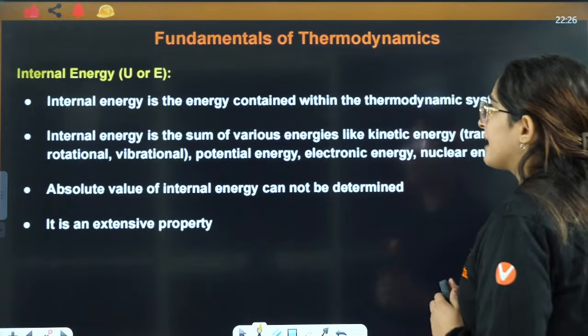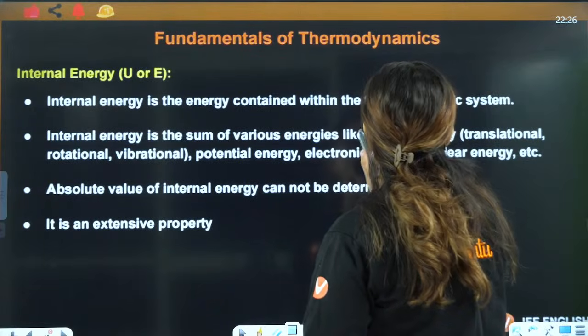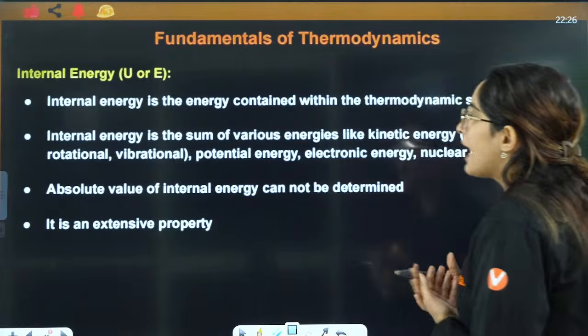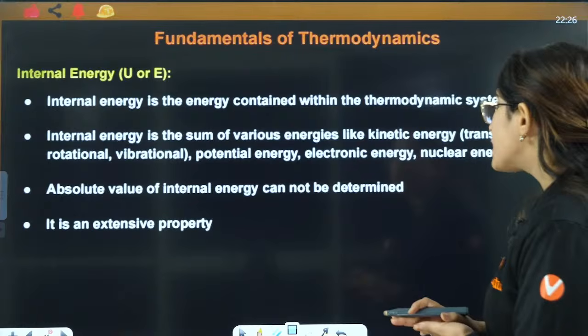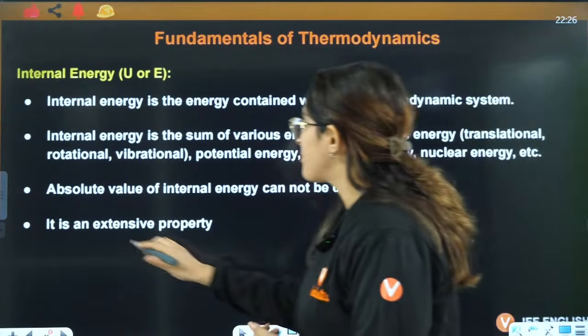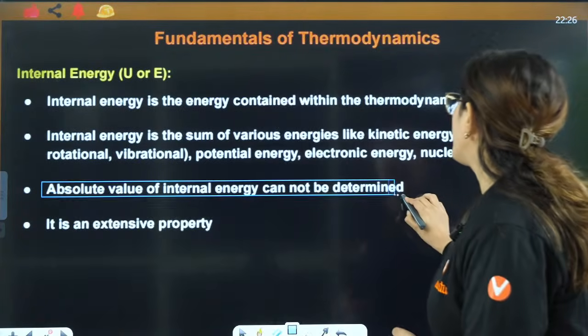Internal energy is contained within the thermodynamic system. It is the sum of various energies that you have. Now this is important: the absolute value of internal energy is not determined.